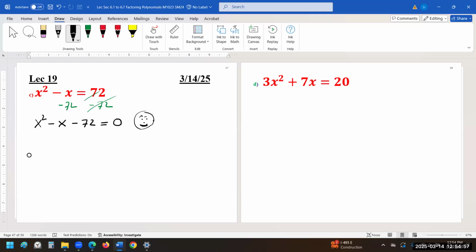So we go to the next step. What is our next step? If you want to solve for x, when you see a quadratic equation, what comes to your mind? Factoring. So can we factor this nice quadratic equation? Two numbers multiply to 72, combine to 1.